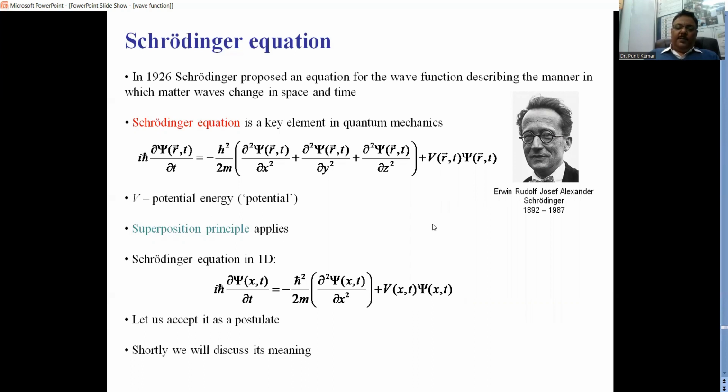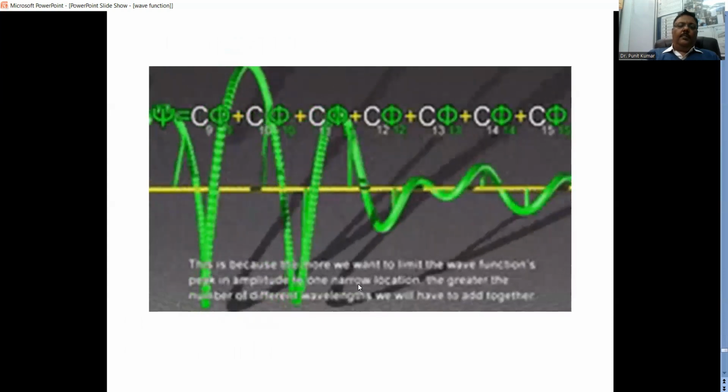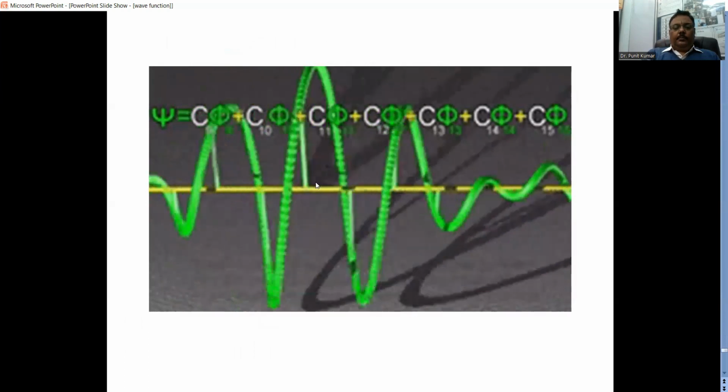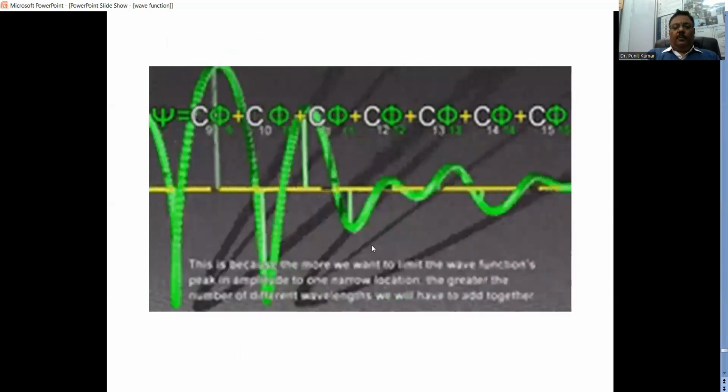The superposition principle applies to the equation, and in one dimension, the equation takes this form. So this is the equation of motion governing it.